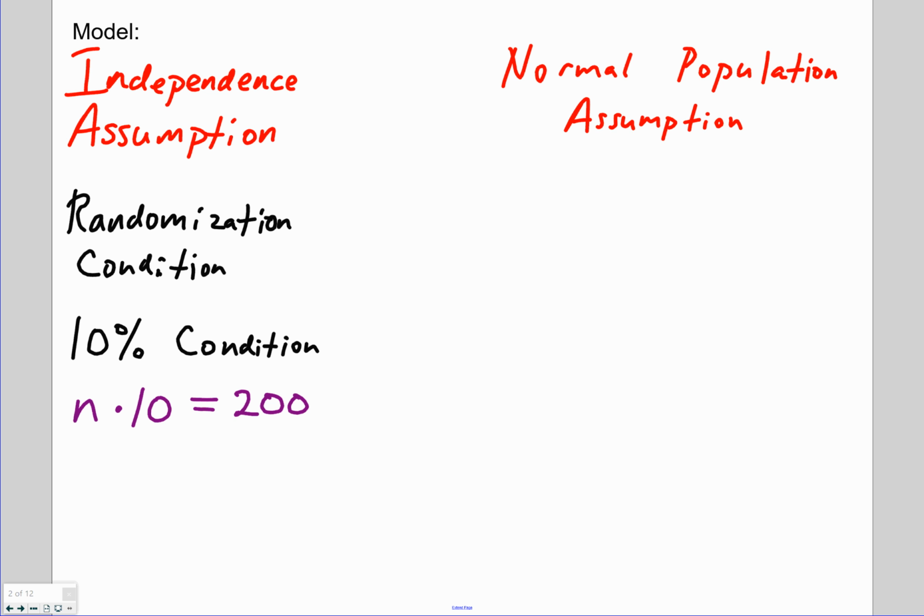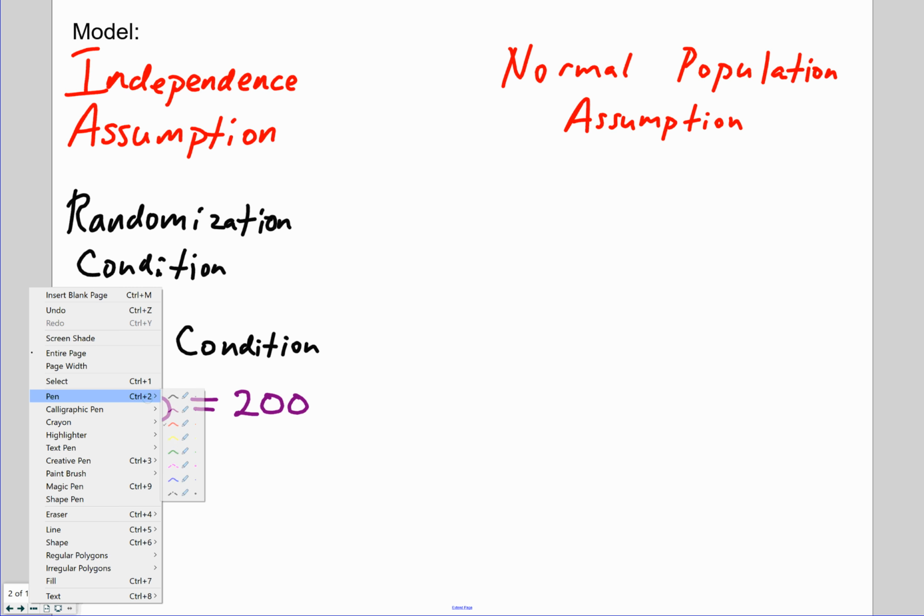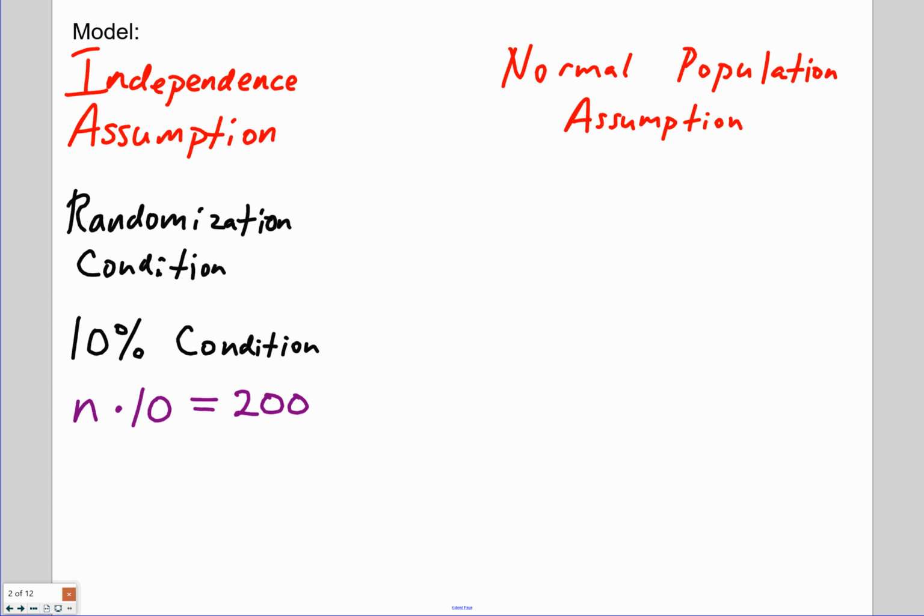Can I make that histogram? The answer is no. And most of the time the answer will be no. You won't know, so we just assume it is. We assume it to be true that the population that this sample comes from is unimodal and roughly symmetric. But since I don't feel great about that because I have no data or histogram to look at, I check a condition called the nearly normal condition.